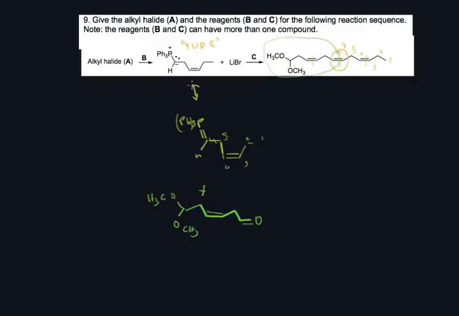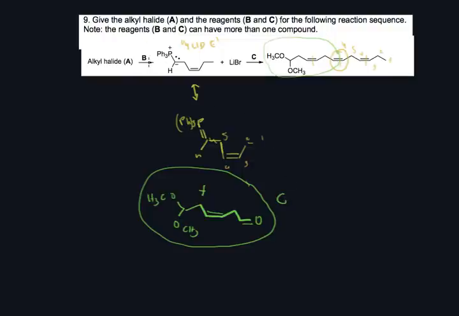So I know that if I react these 2 reagents together, it's going to give me this product. And so I know that C right here, what I'm reacting this Wittig reagent with, is this reagent right here. So that's C.